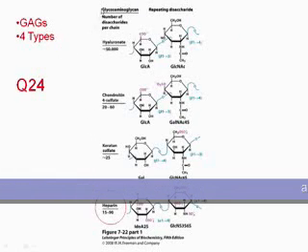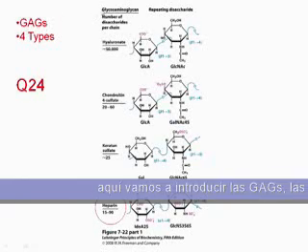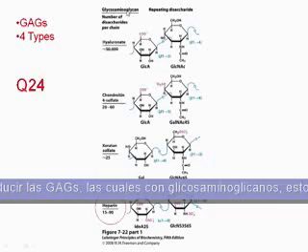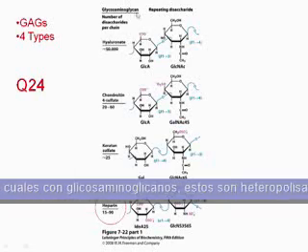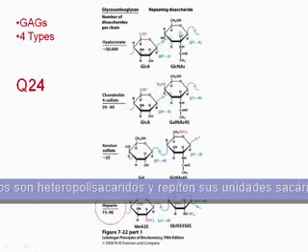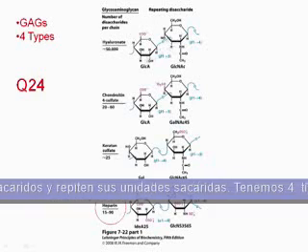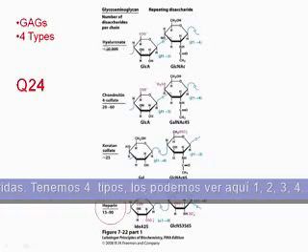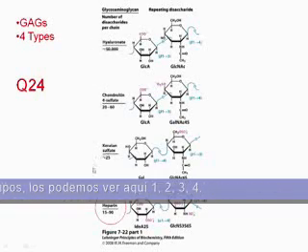So here we're going to introduce you to GAGs. GAGs are glycosaminoglycans. These are heteropolysaccharides, and they're repeating disaccharide units. And so there's 4 types. We see them right there, 1, 2, 3, and 4.